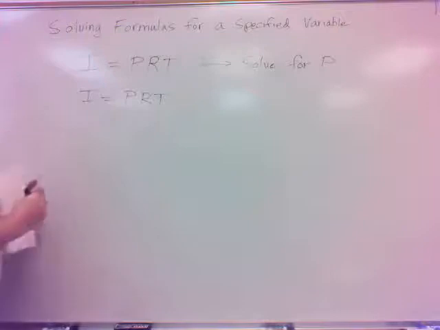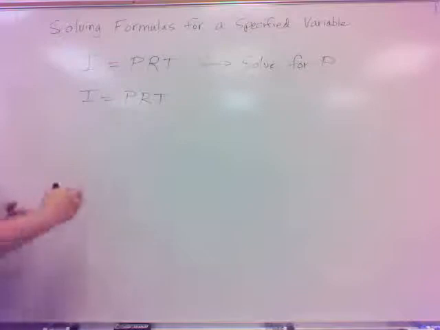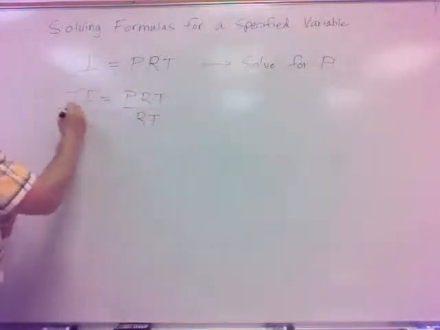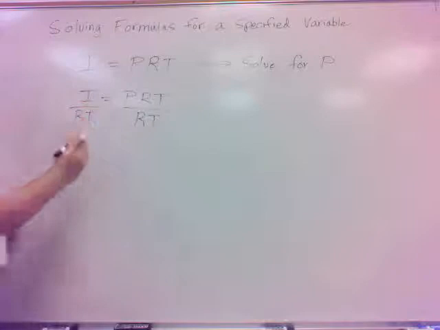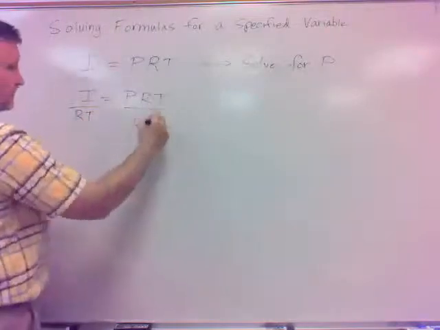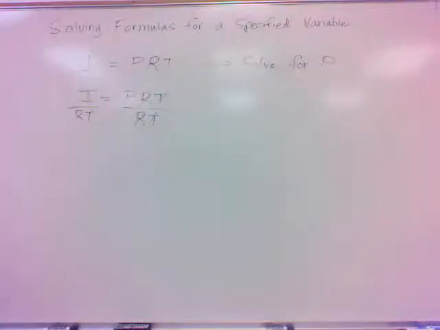I do that by doing the inverse operation of multiply, and the inverse operation of multiply is divide. So I'm going to divide by my r and t, essentially dividing by r and by t. Because what that does is gets rid of the r and it gets rid of the t's. The r's cancel, the t's cancel on the right side.